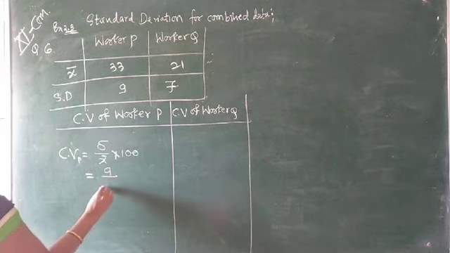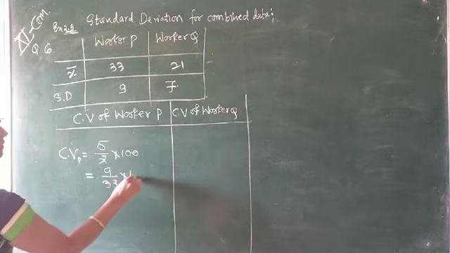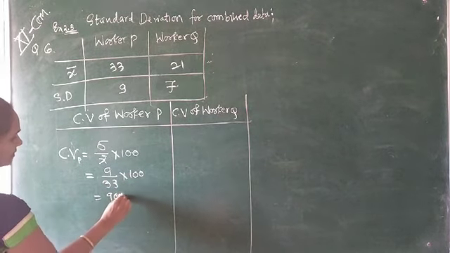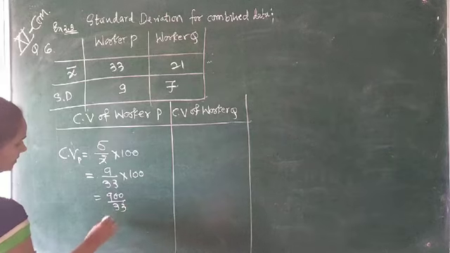That is 9 divided by 33 into 100, which means 900 upon 33.